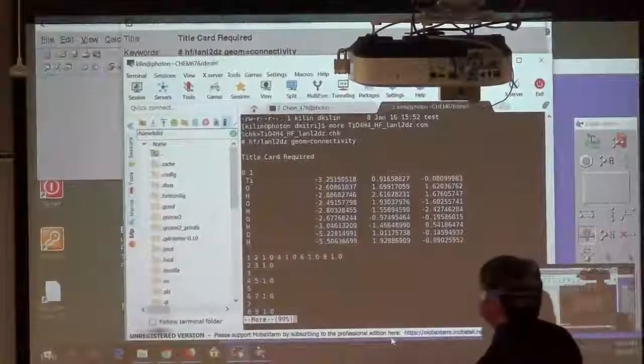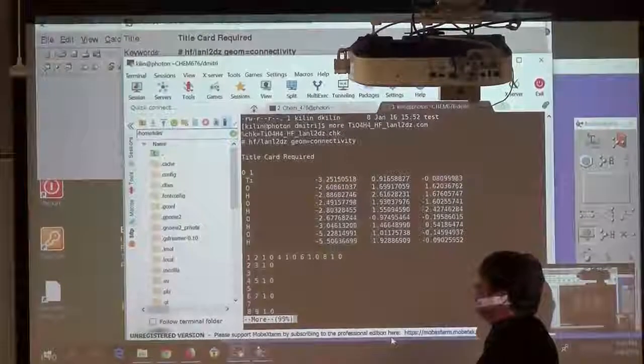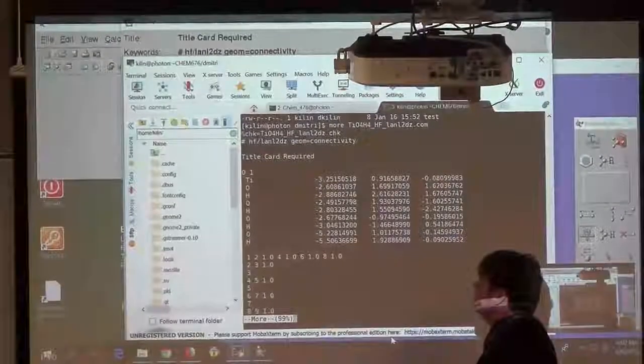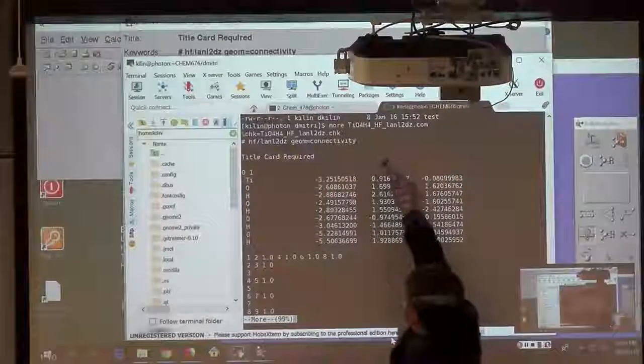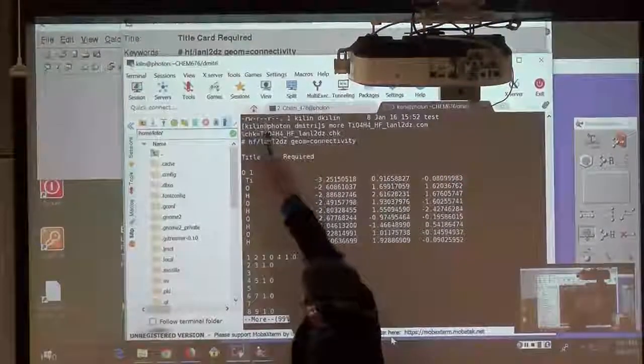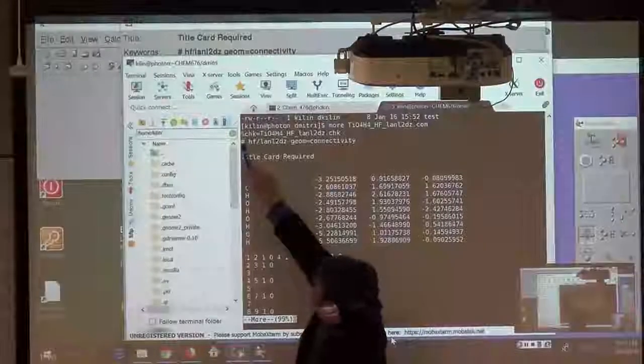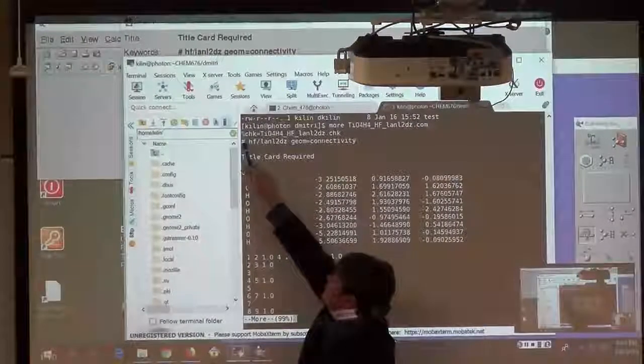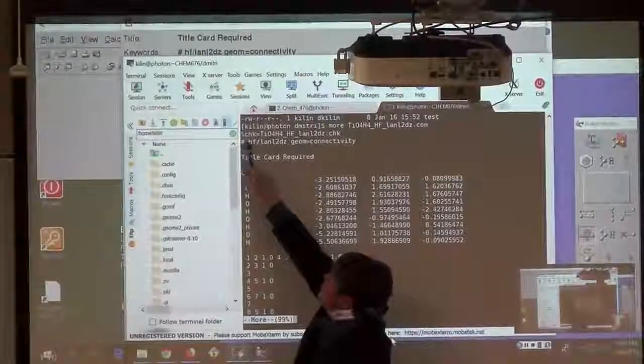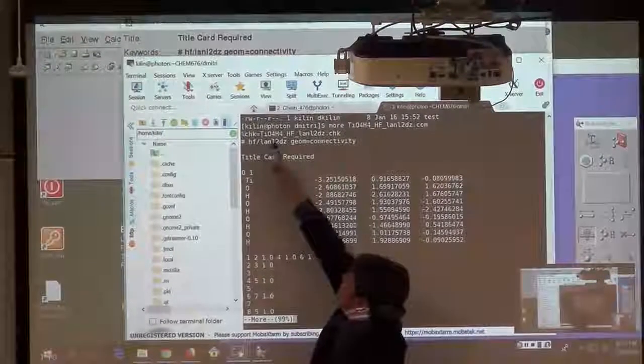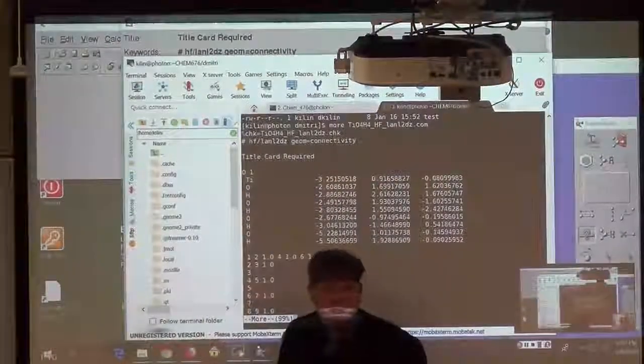And where do the Hartree-Fock method and basis set enter? Look, the first line is something like the check file, and the second line, after the number symbol, has HF divided by LANL2DZ.